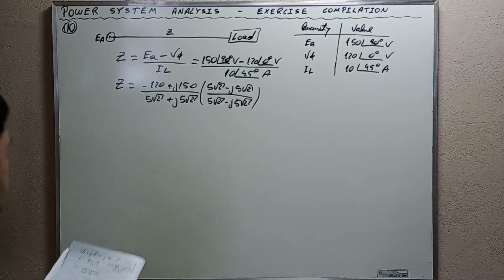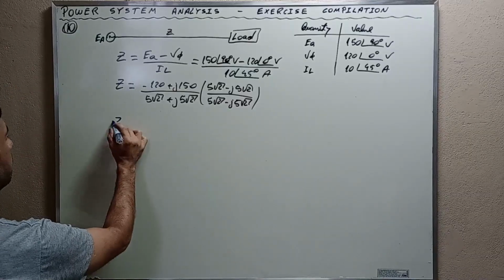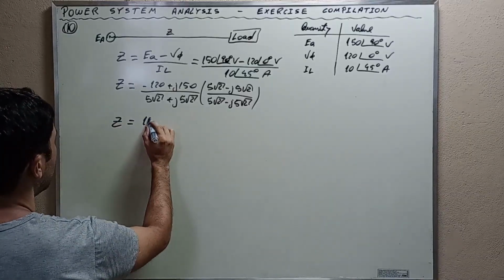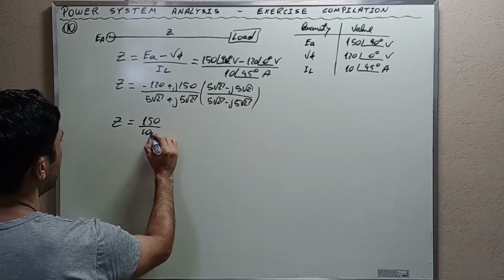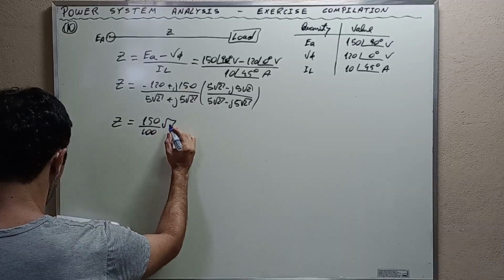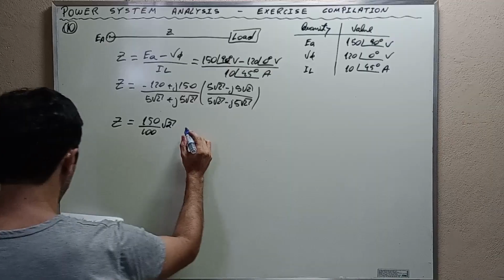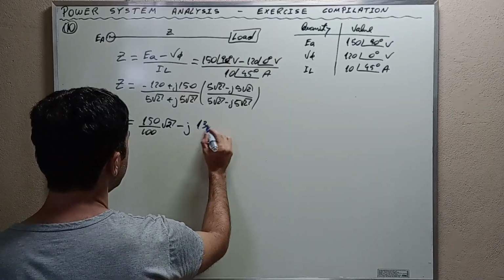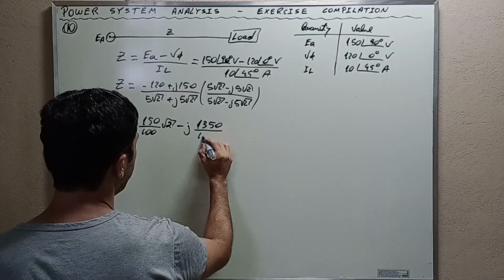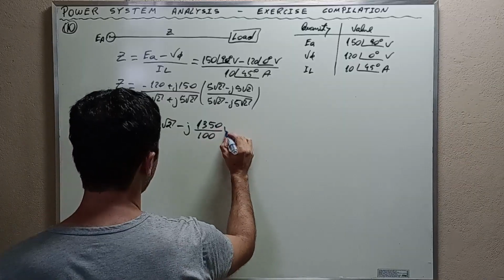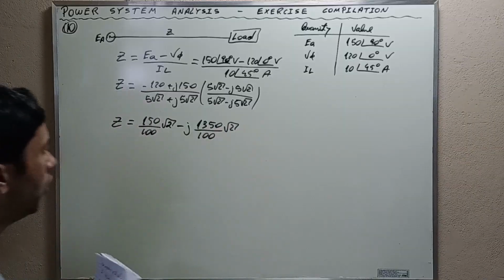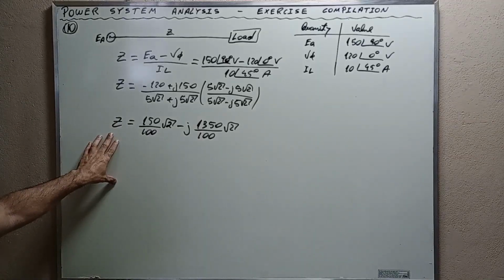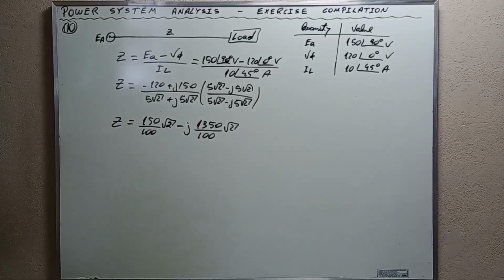And separating the terms, we find that the impedance is equal to 150 divided by 100 times the square root of 2 minus j1350 divided by 100 times the square root of 2. Okay, this is the entire impedance. We are not interested in the entire impedance.